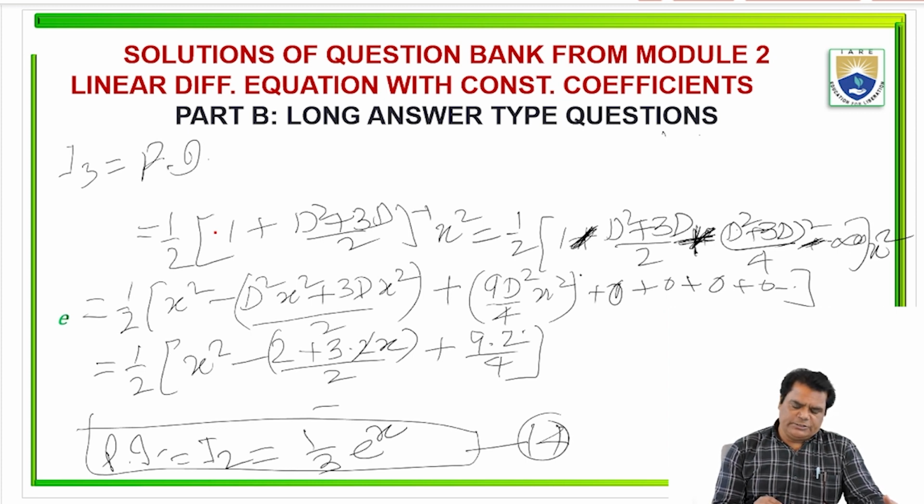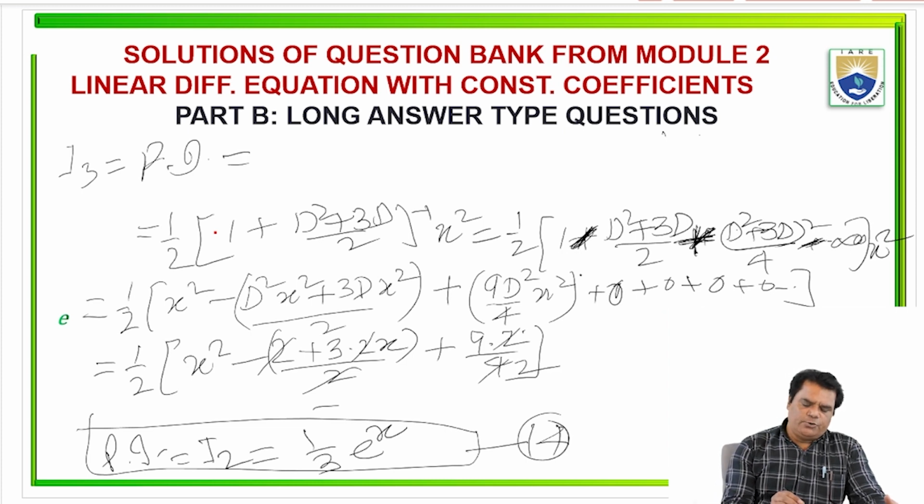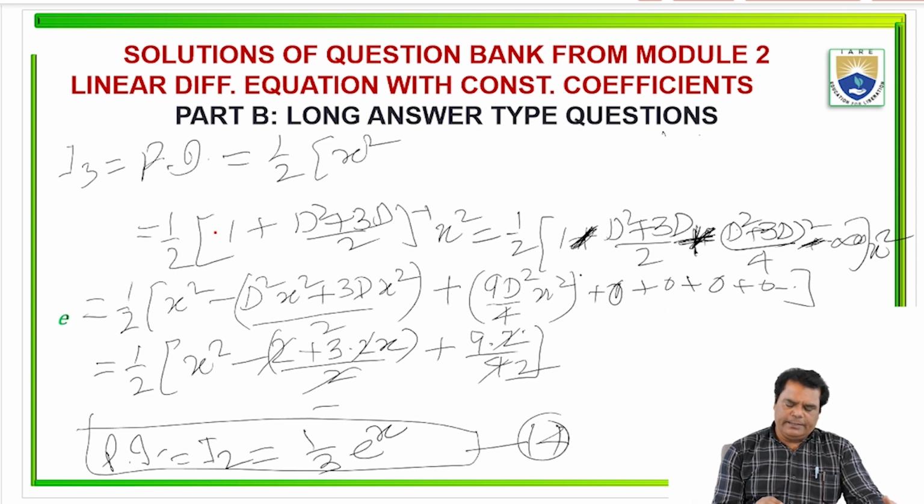So we write here this 2 cancel and this 2 cancel. So here 1 upon 2 and here x square and here this 2 cancel. So here 1 plus 3x in bracket minus 1 plus 3x and here is plus 9 by 2.